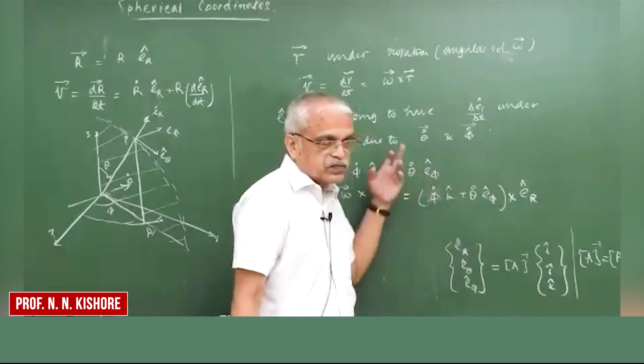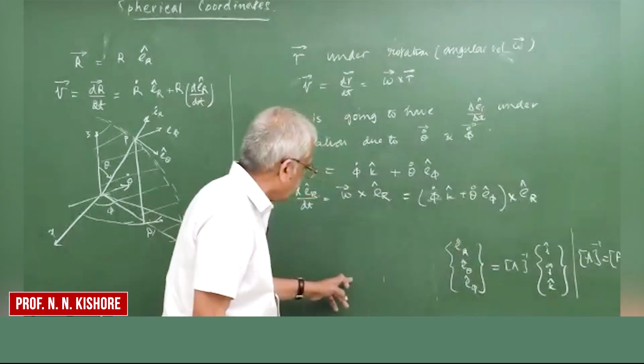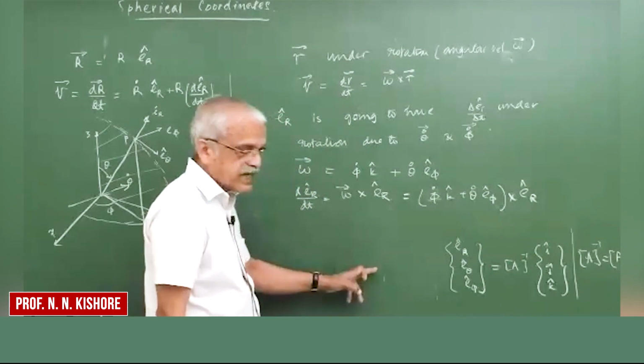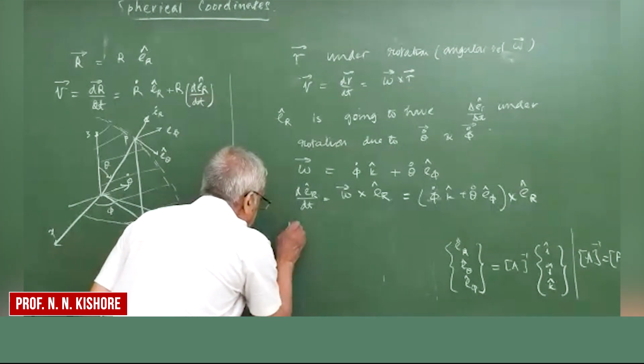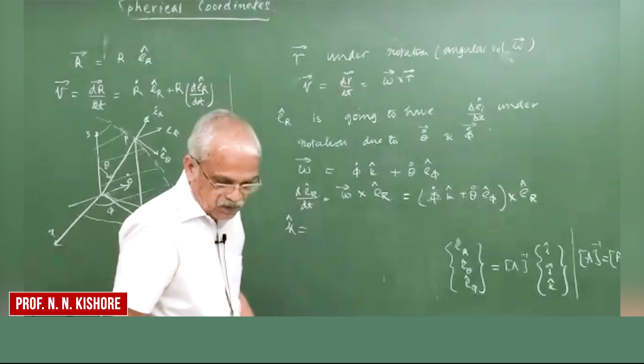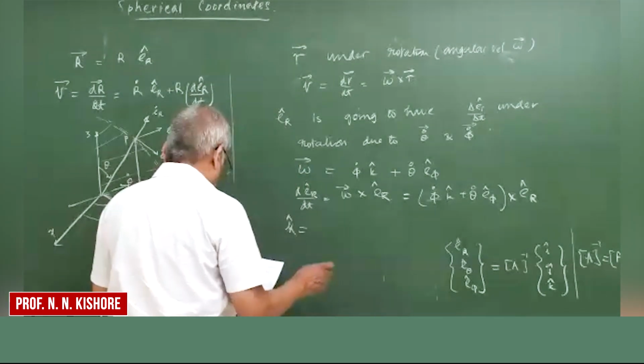But essentially, let us put everything into the spherical coordinates. So this k, if you look at this matrix A, the last column here, k, if you recall, that's nothing but the last row here.